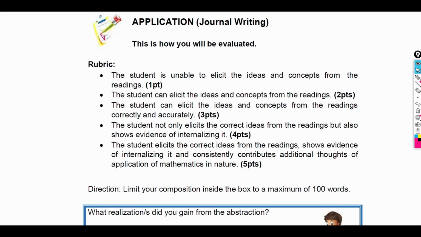If the student is unable to elicit the ideas and concepts from the readings, you will be given 1 point. The word elicit means respond or answer, no? If the student is unable to answer the ideas and concepts from the readings, then you will be given 1 point only.